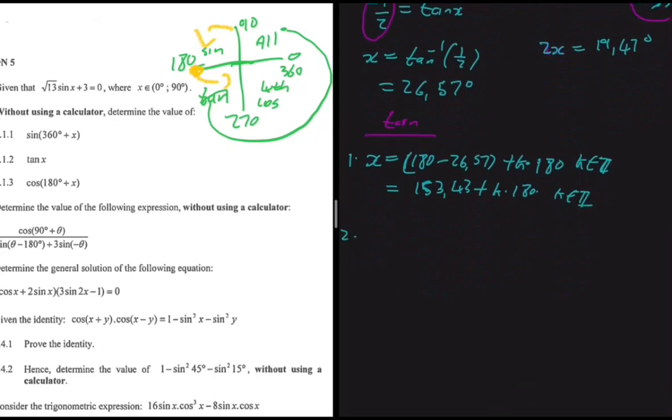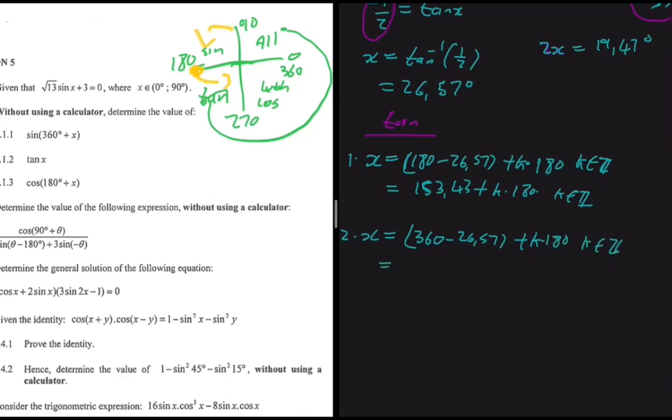And then the second general solution, x is equal to, so where is tan negative? Tan is also negative in the fourth quadrant, so we're going to have 360 minus the critical angle, 26.57, plus k multiplied by 180, k being an element of the integers.